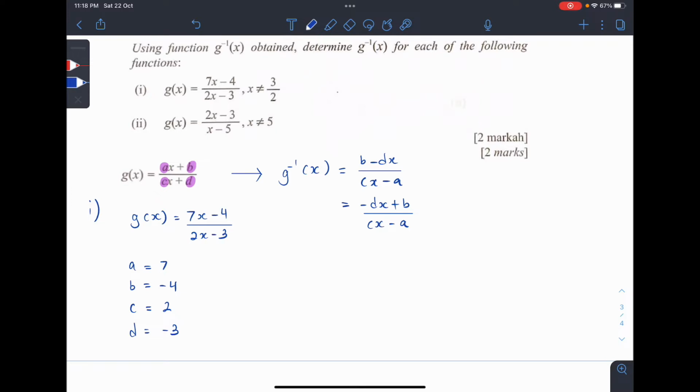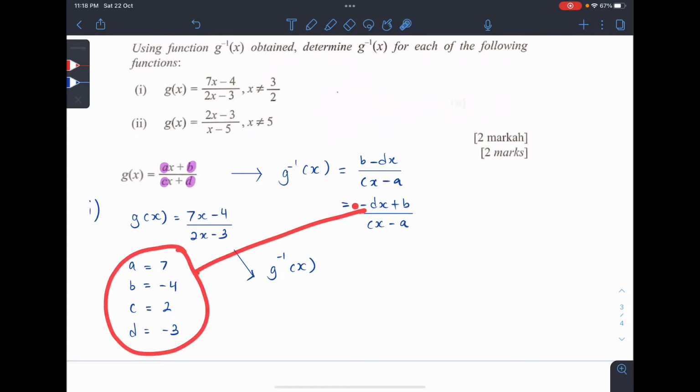Now, if I were to inverse this, I'll write it here. It will be g inverse of x. All we are doing, guys, is substituting the A, B, C, D into this.